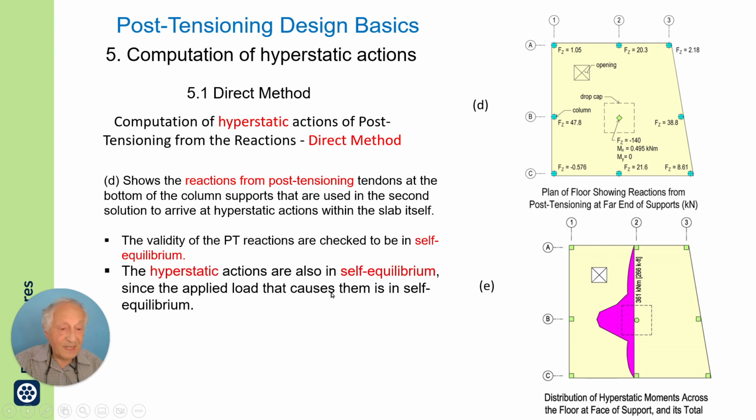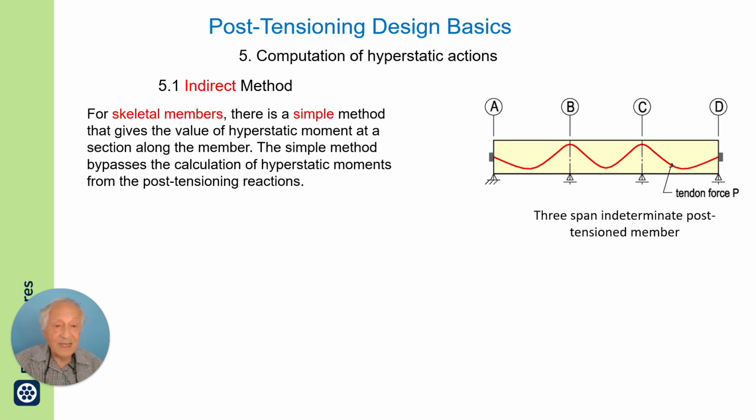The hyperstatic forces must also be in self-equilibrium. Everything must be in self-equilibrium because the tendon itself is in self-equilibrium, irrespective of its shape, irrespective of its force. Tendons are always in self-equilibrium.